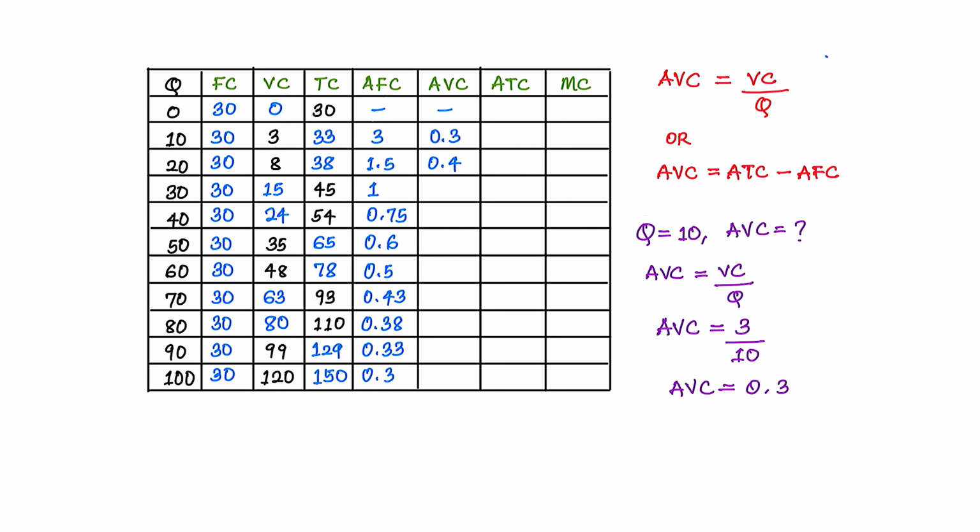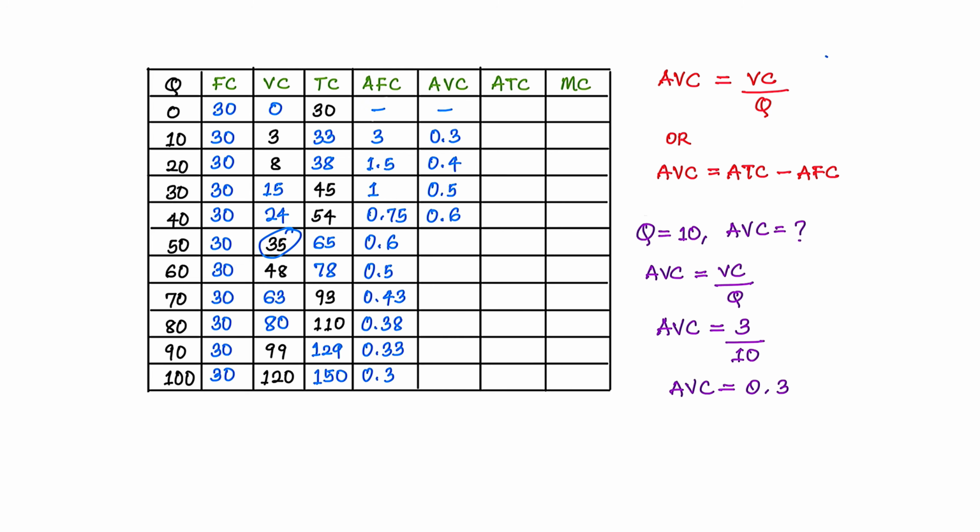Next, we have 15 divided by 30. That will give us a value of 0.5. So average variable cost is 0.5. Next, variable cost is 24, quantity is 40. 24 divided by 40, average variable cost is 0.6.